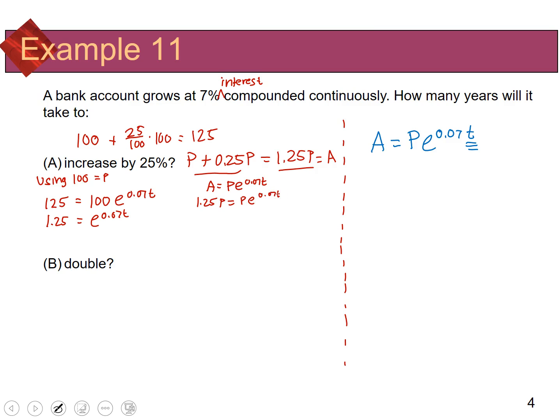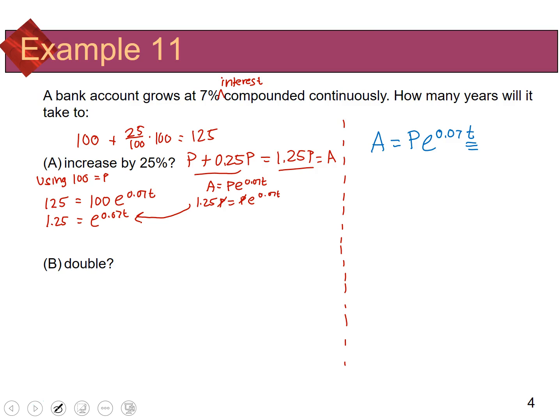The first thing I would do is divide both sides by p, and I end up with the exact same formula I have here. So that's why the original amount really doesn't matter in problems like this. I mean, I don't have to be given one. Ultimately, when I carry through the very first operations I need to do, whatever the original amount is, its effect would cancel anyway. So now I have this equation, 1.25 equals e to the 0.07t.